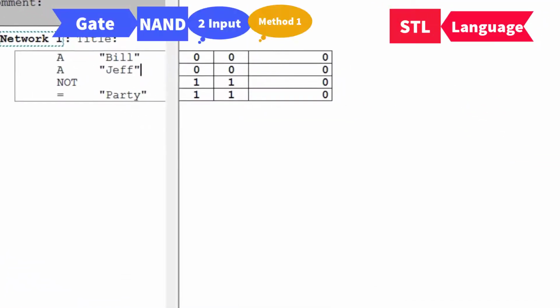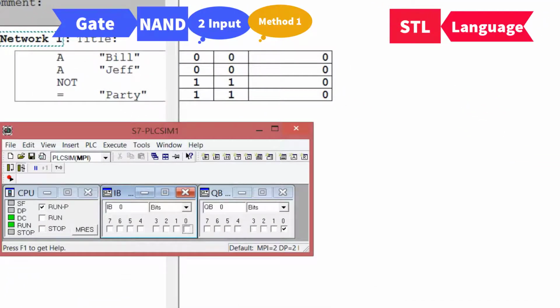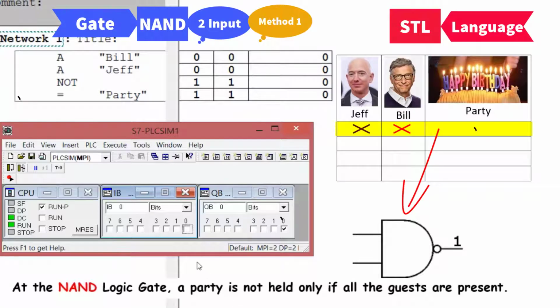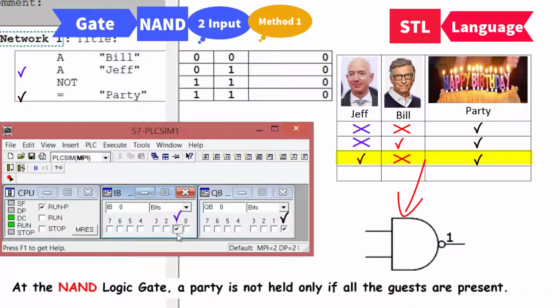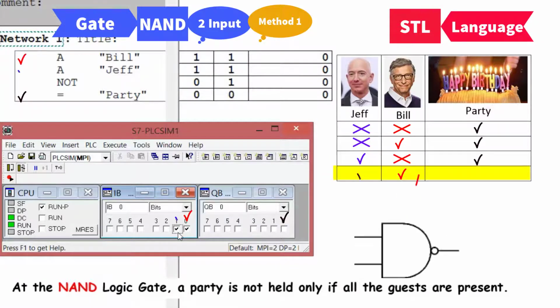I test. Look carefully at all 4 possibilities. The party is held only if all the guests are present at the same time.